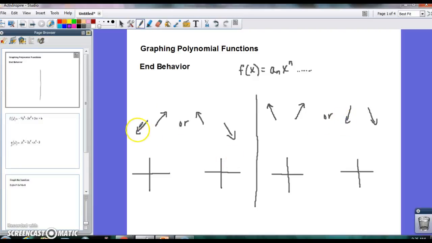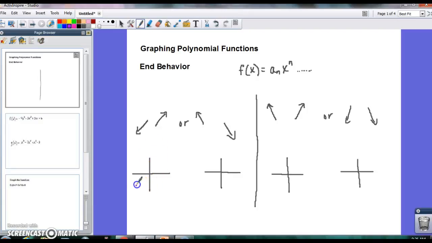Now, on the very left here, you have the left side of the function points down, the right side of the function points up. So the left is falling, it's falling to the left. Sometimes you'll hear people say, and rising to the right, or rising to the left and falling to the right. That's just terminology they use. So let me sketch you a quick graph of what that means.